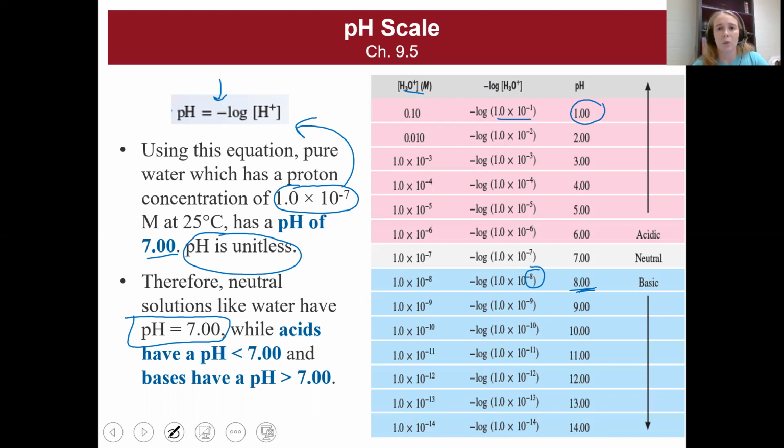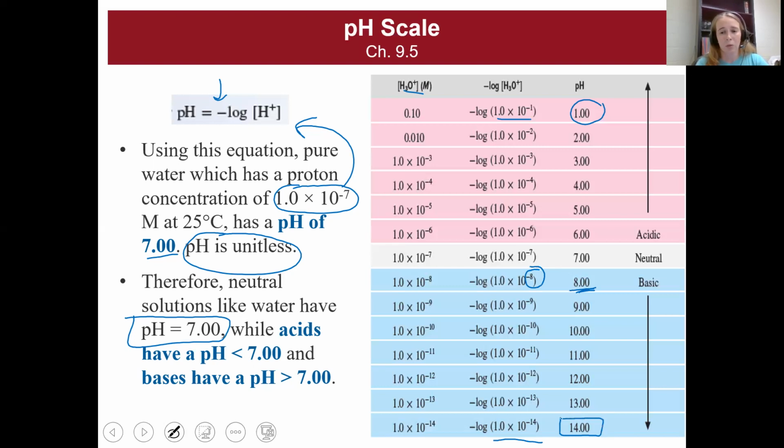Really low concentrations of hydronium ion would be down here. So 1 times 10 to the negative 14th is a really teeny tiny number. That's a really low concentration of protons or hydronium ions, whichever way you like to think about it. That really low concentration means we have a high pH, and that's a base.